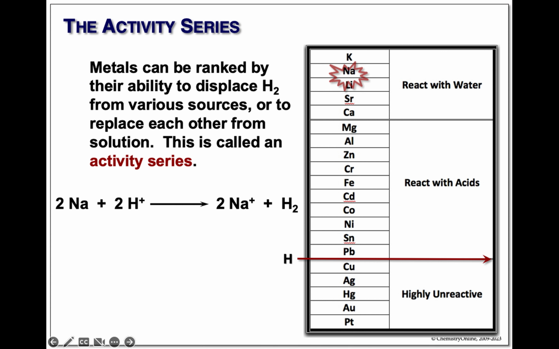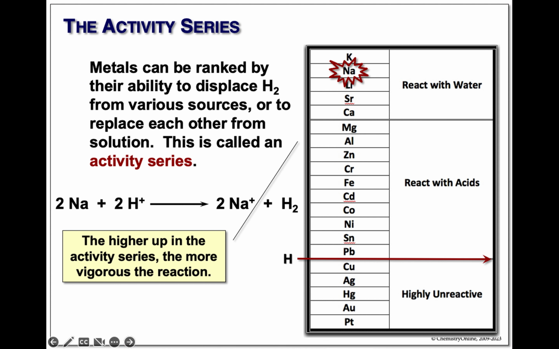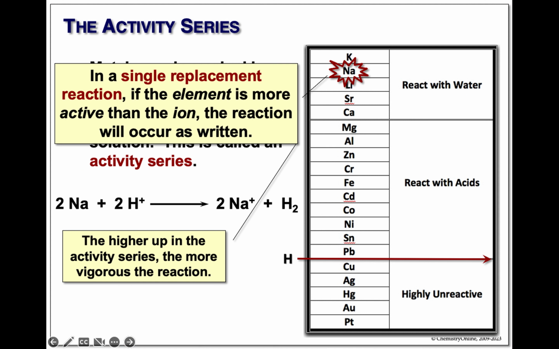There's a simple rule. First of all, you want to look to see how high your thing is on the table. The higher up it is, the more reactive it is. Secondly, we're going to have half reactions written like this. Sodium plus an ion to give something.